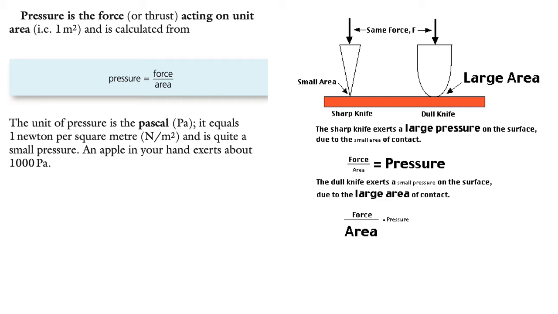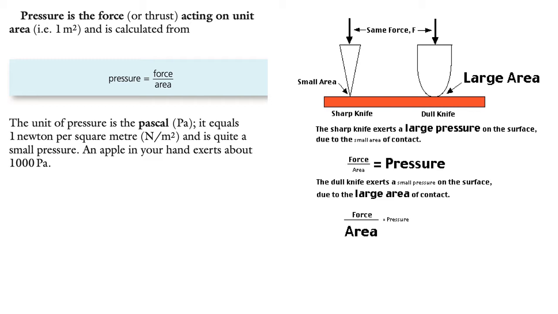So force over a smaller area gives you a larger pressure. That's why it's so easy for a sharp object like a pin, a needle, or a syringe to pierce the skin, because it gives a larger pressure, as that force is applied over a small area.